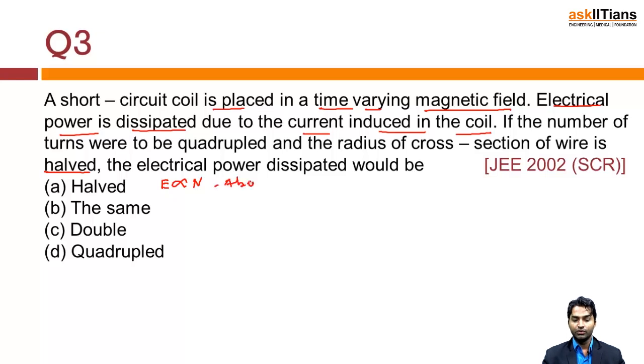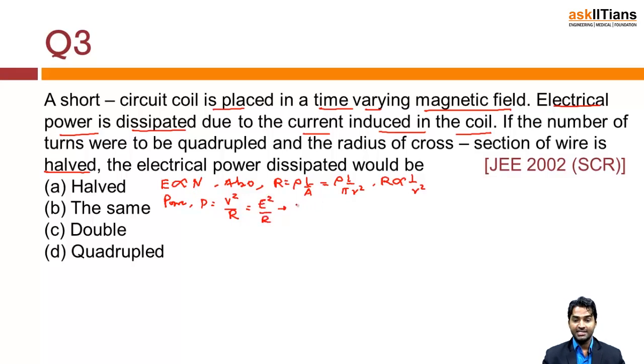Also we know that R equal to rho L upon A, length and area, or rho L upon pi R square, so resistance is directly proportional to 1 upon R square. Now we want to know the power. Power P is equal to voltage square by resistance R, and voltage means EMF, so E square by R.